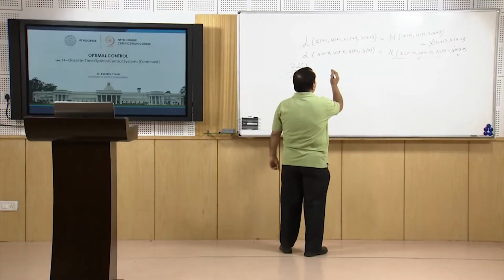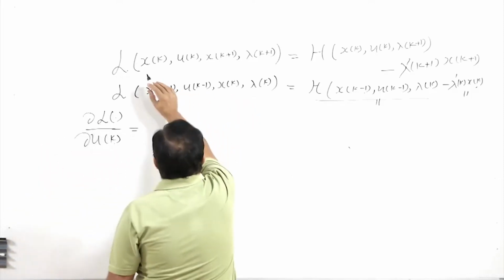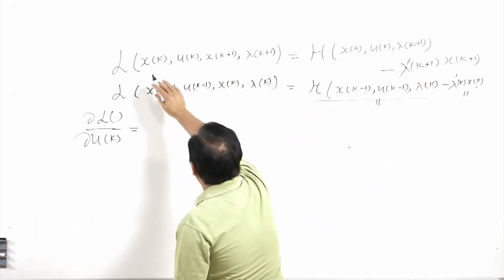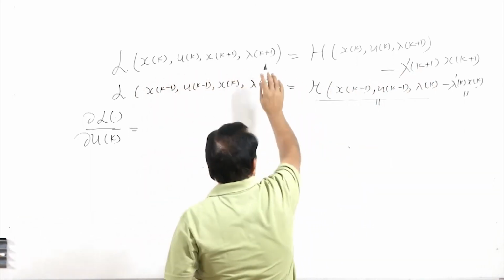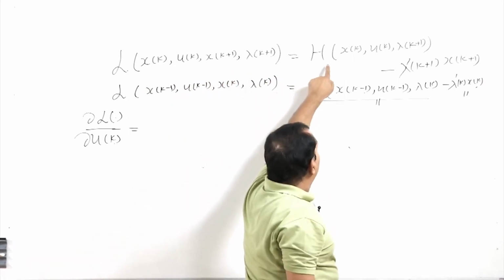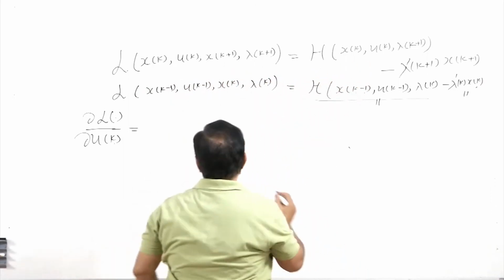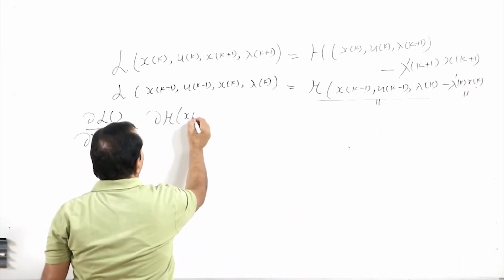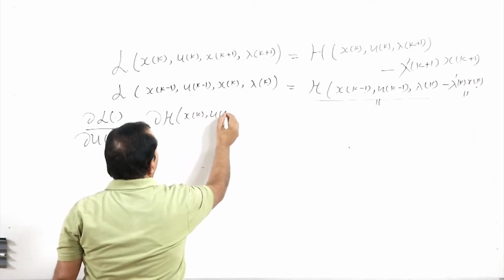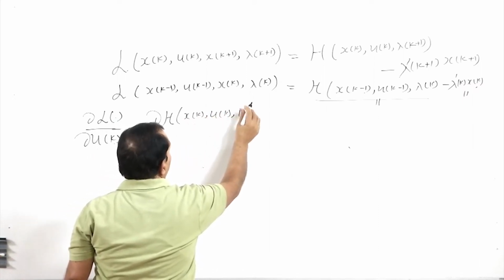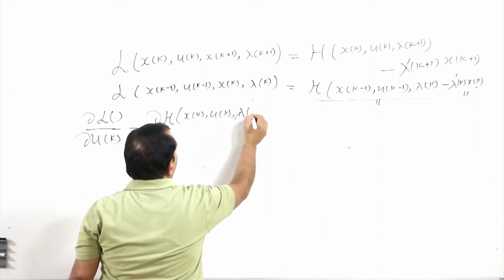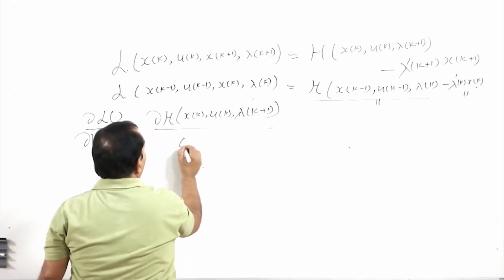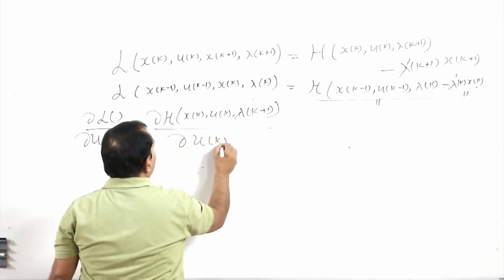First I am differentiating the first term, which is L of x k, u k, x k plus 1, lambda k plus 1. H is a function of u, so naturally I will get del h of x of k, u of k, lambda k plus 1 by del u of k.